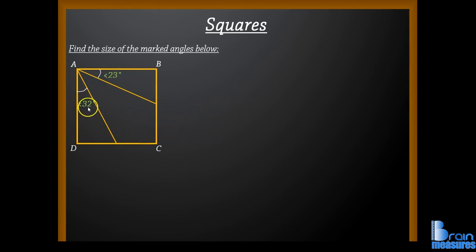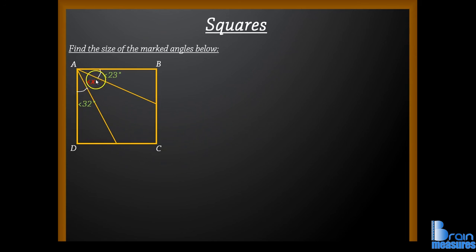Here we have another square. We have an angle at the point A. Actually, we have three angles. We have one right here, another one that we don't know of, and a third angle that measures 32 degrees. So what we have to find out is the size of this angle.